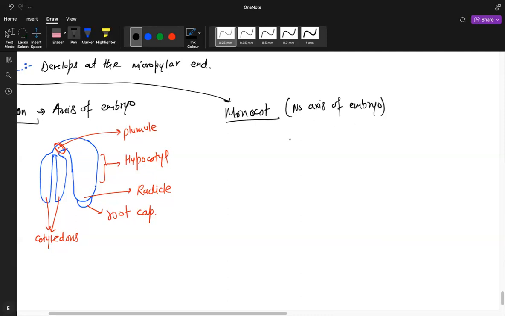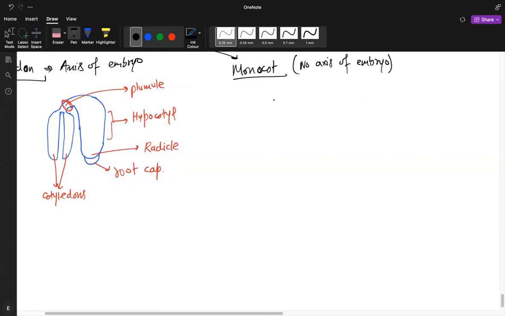Because there's only one cotyledon. So it looks something like this, if I show you from the side. Any shape you can make.